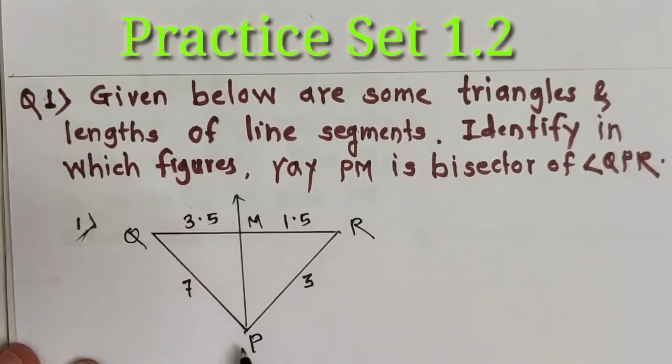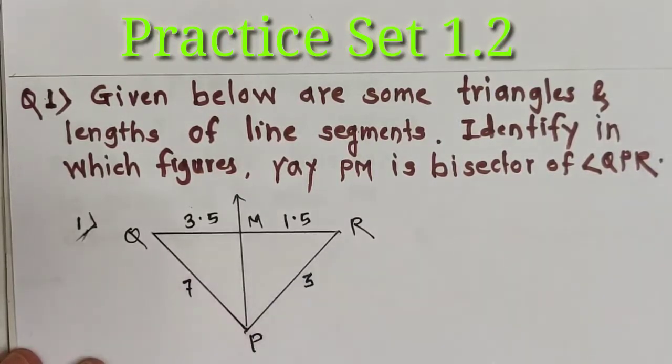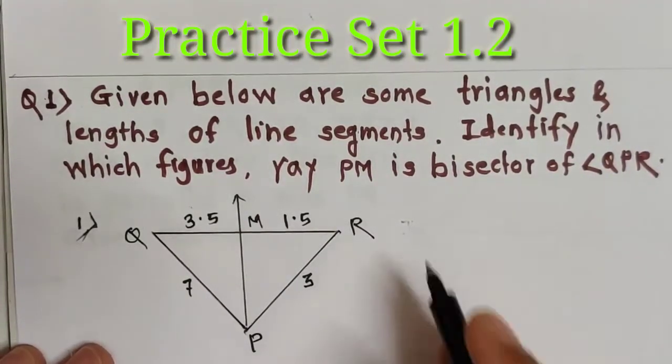PQ by PR is equal to QM by MR. So here we have to use converse of that property. Find whether these ratios are equal or not. PQ upon PR, this is the first ratio. Find this ratio.